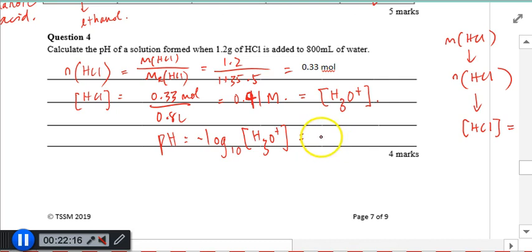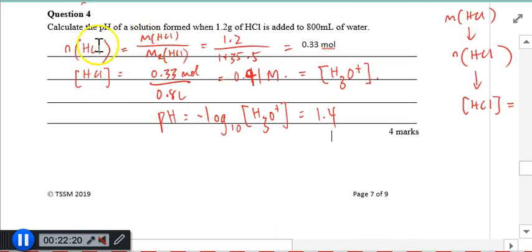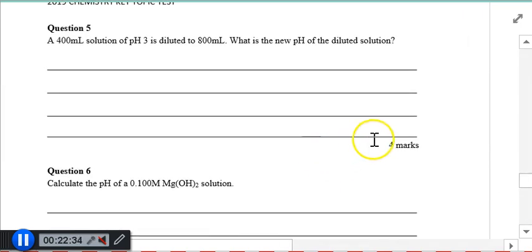And you can confirm that with your calculators. So that's 4 marks there, I guess. 1 mark for working out molar mass, 1 mark for calculating number of moles, 1 mark for equating the concentration of hydronium ions with HCl, and then pH calculation for the 4th.